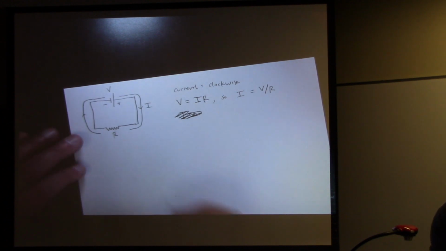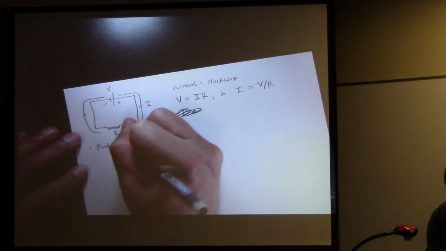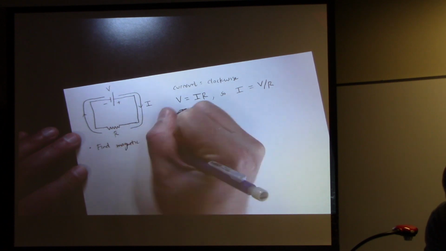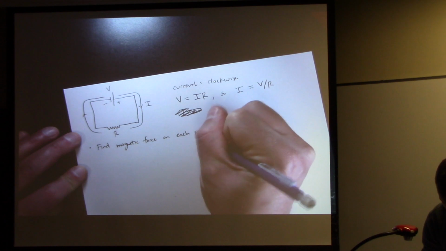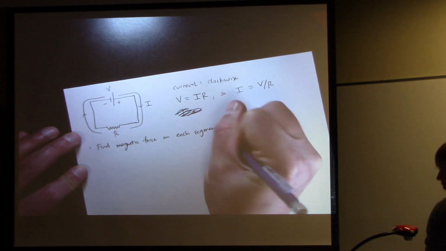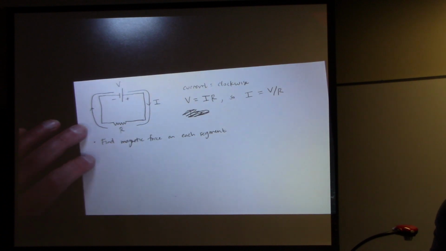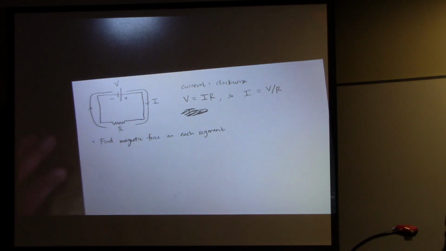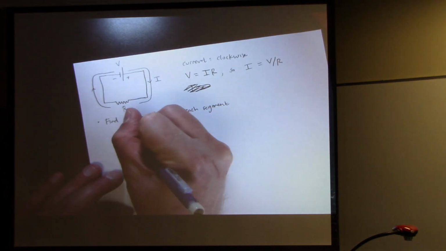Okay, the next thing we're going to do is find the magnetic force on each segment. The circuit is rectangular in shape, and we're going to find the magnetic force on each segment of wire. So here's what we have.